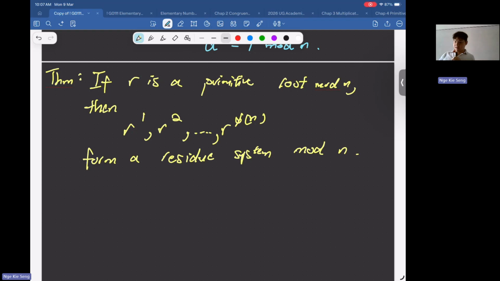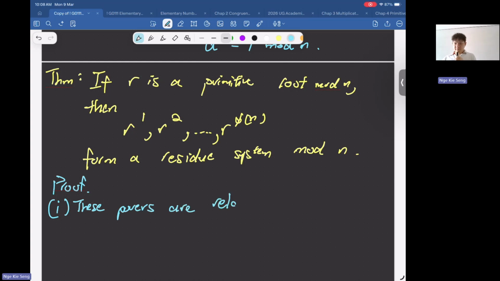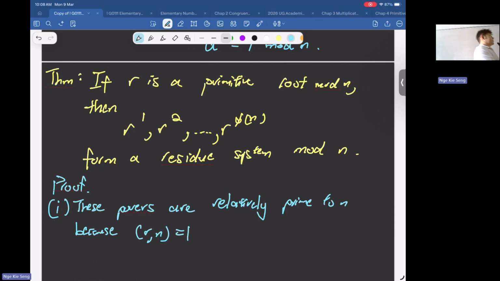How to prove this? Actually, this proof is very easy. Basically, you want to show that they are all different and they are relatively prime to n. First of all, we see that these powers are relatively prime to n. Why? Because we know that r and n are relatively prime. This is the setup for your primitive root.